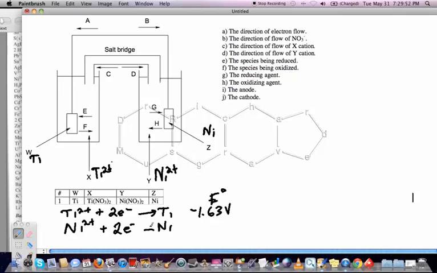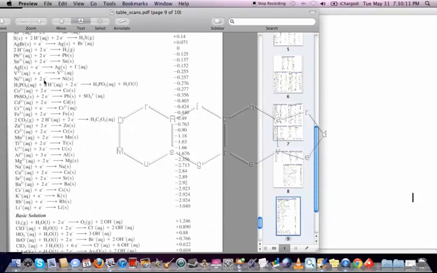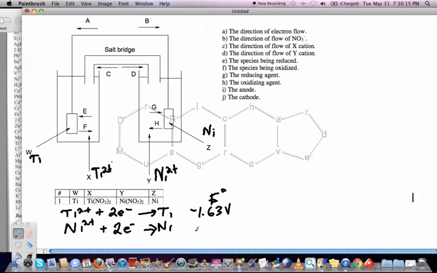If I know it's nickel 2+ and nickel, then if it's 2+, it needs 2 electrons to balance out, so you can always do it that way as well. But you always see these on the reduction potential table, so you don't really need to do that. So nickel 2+ plus 2 electrons gives nickel. There it is, minus 0.257 volts. Alright, so there's my two reactions.